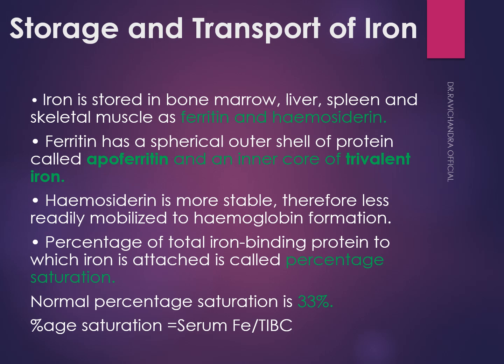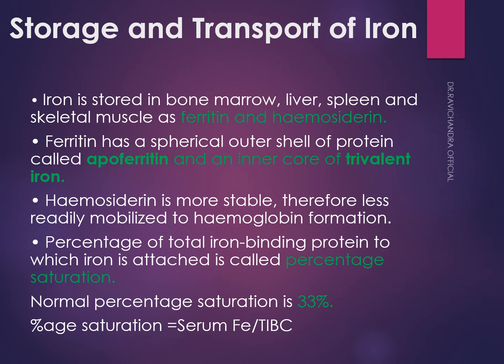So ferritin is Fe+3 plus apoferritin. Hemosiderin is more stable, therefore less readily mobilized for hemoglobin formation. So whenever there is a need, first ferritin will be converted for the formation of hemoglobin.